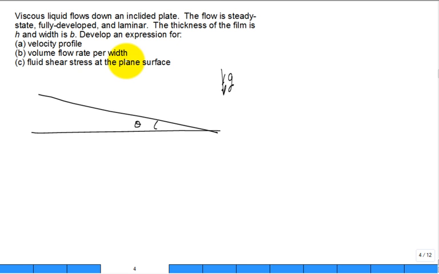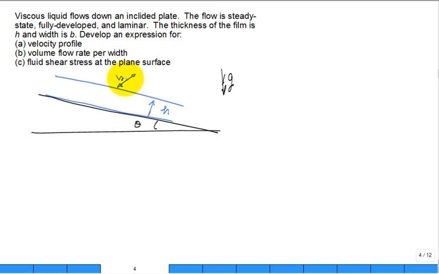So let me try and draw here maybe the layer of fluid. And since it's steady state, its thickness is H everywhere over that plane. And in the third dimension, B goes back. All right. Develop an expression for the velocity profile.